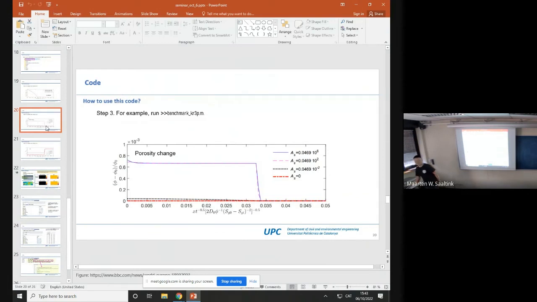This is the porosity change. It is just one time that we have this porosity change. It's not a lot. Yes, it's small, less than 1,000. One per year. I think this agrees with your paper.